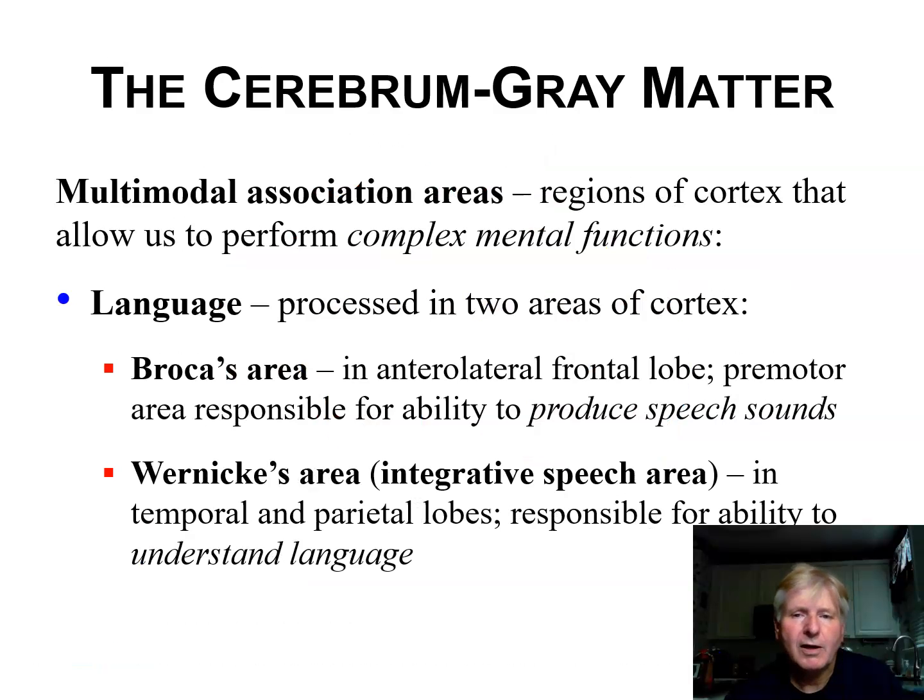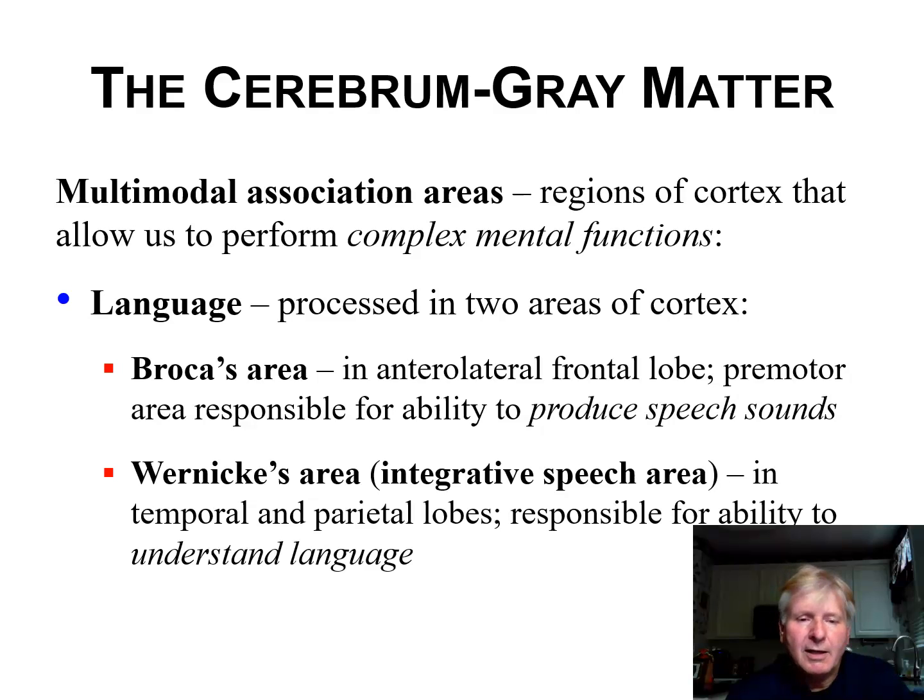Okay, so the multimodal association areas, these are the regions of the cortex that allow us to perform many of our complex mental functions. Language is a very complex mental activity. It's processed in two areas of the cortex. One is found in the frontal lobe called Broca's area, and it's actually a premotor area in the anterolateral frontal lobe.